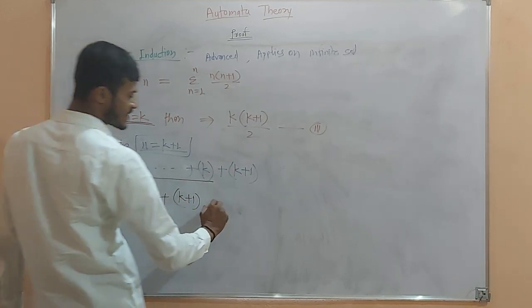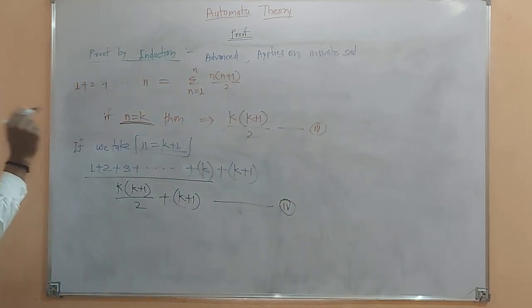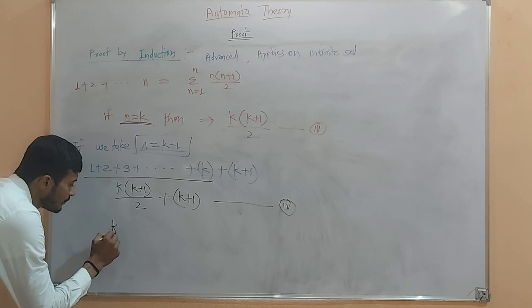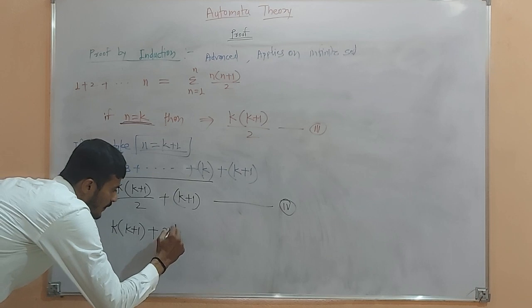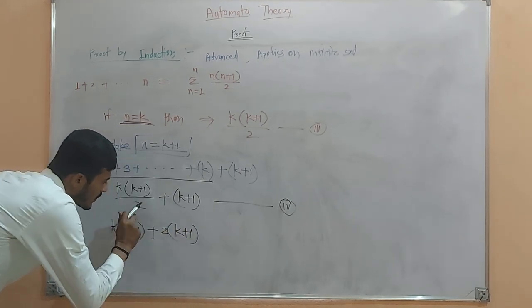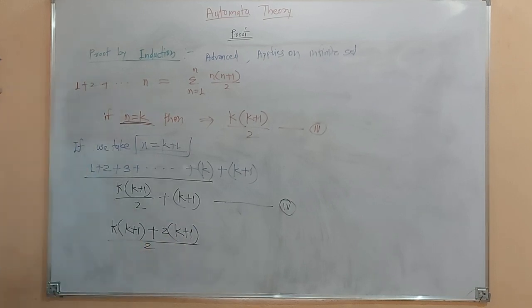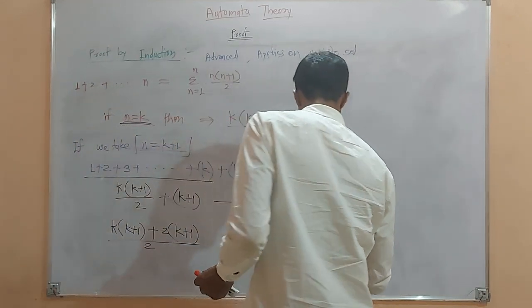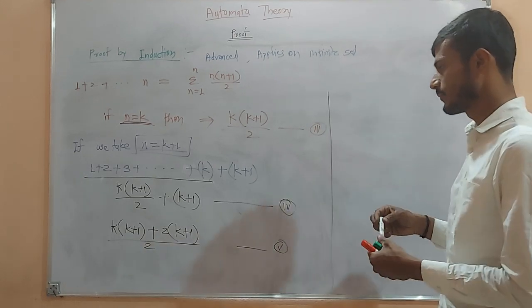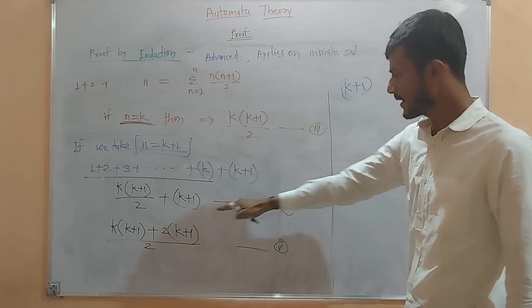Let us say this is equation number 4, and if I simplify equation number 4, it gives me k in bracket k plus 1 plus twice of k plus 1, where I have simply multiplied by 2, all divided by 2. Fine. So going for the simplification of this equation number 5, I get k plus 1 as common.